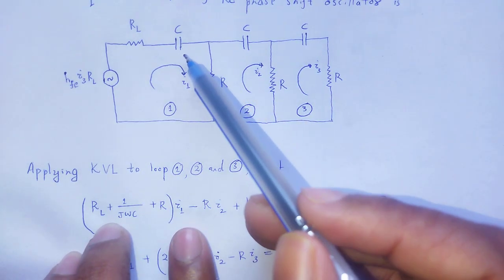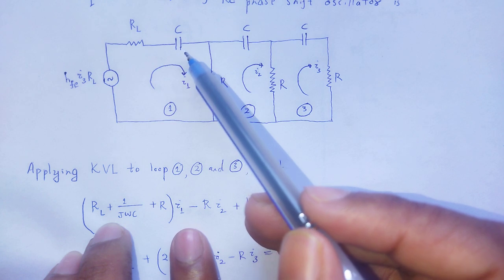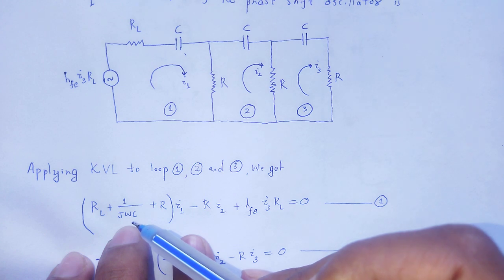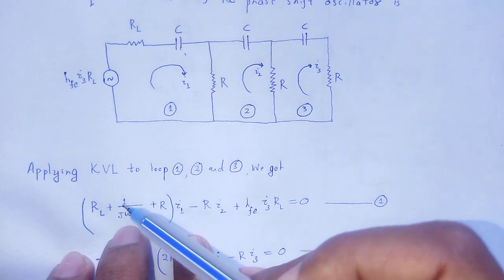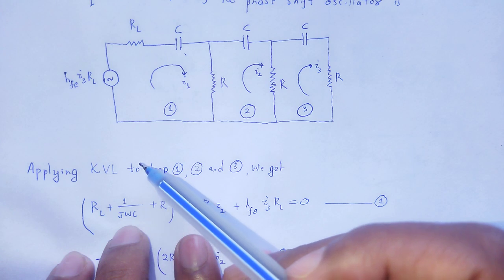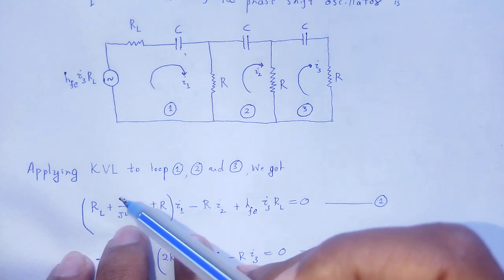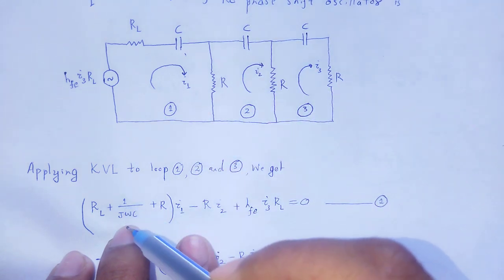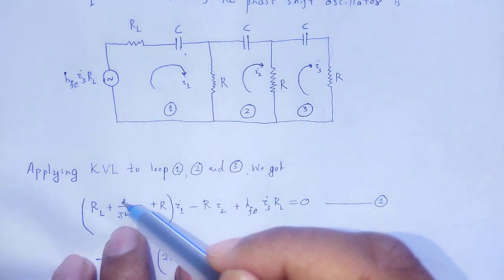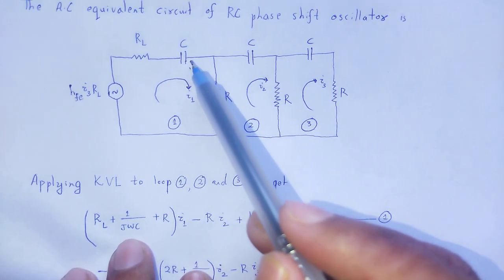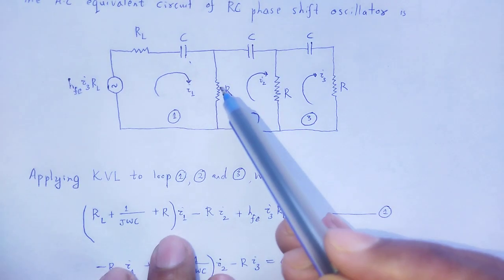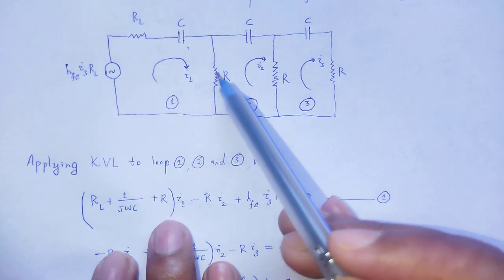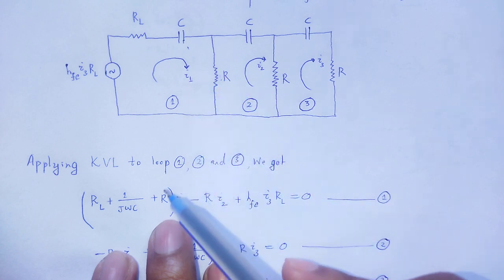In the capacitor, it is the capacitive reactance into I1, where the capacitive reactance is 1 by j omega C. In complex form, j plays the same role as iota in a complex number. Here the capacitive reactance in complex form is 1 by j omega C, into I1. Again for R, the voltage drop, resistance into current, is R into I1.